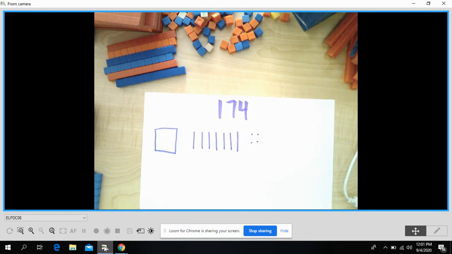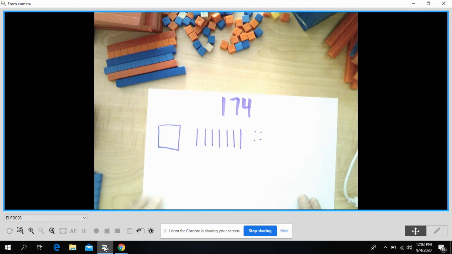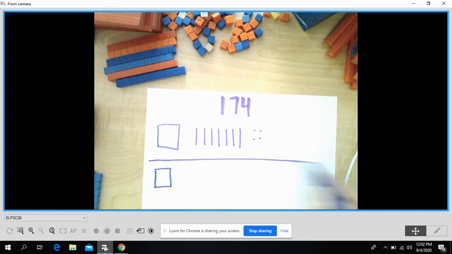Well, if I wanted to show 174 a different way using a picture, I'm going to break down some of my tens and see if I still get it. This time, I'm only going to use 100.